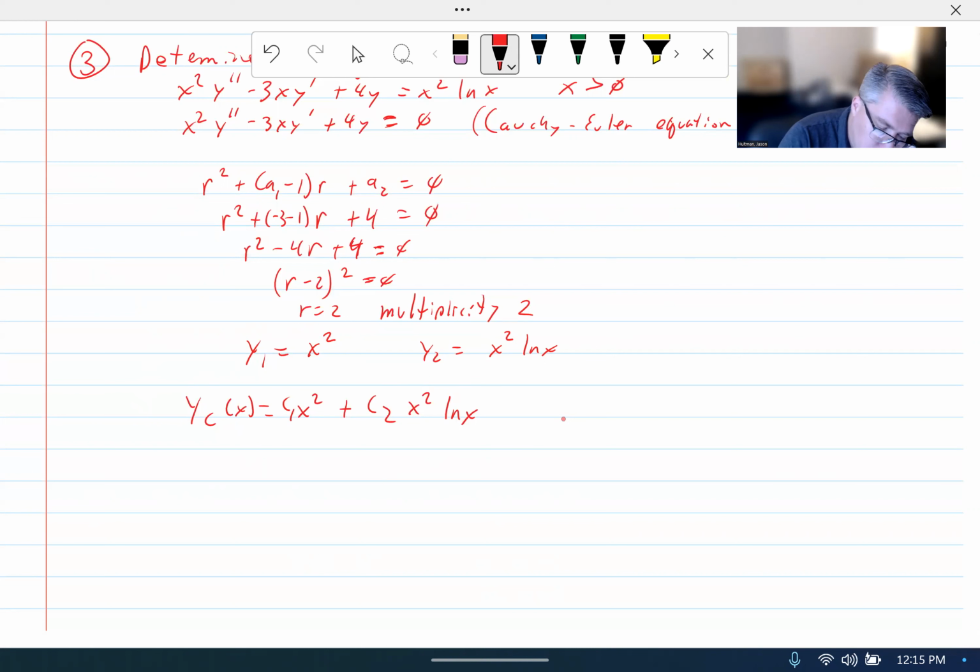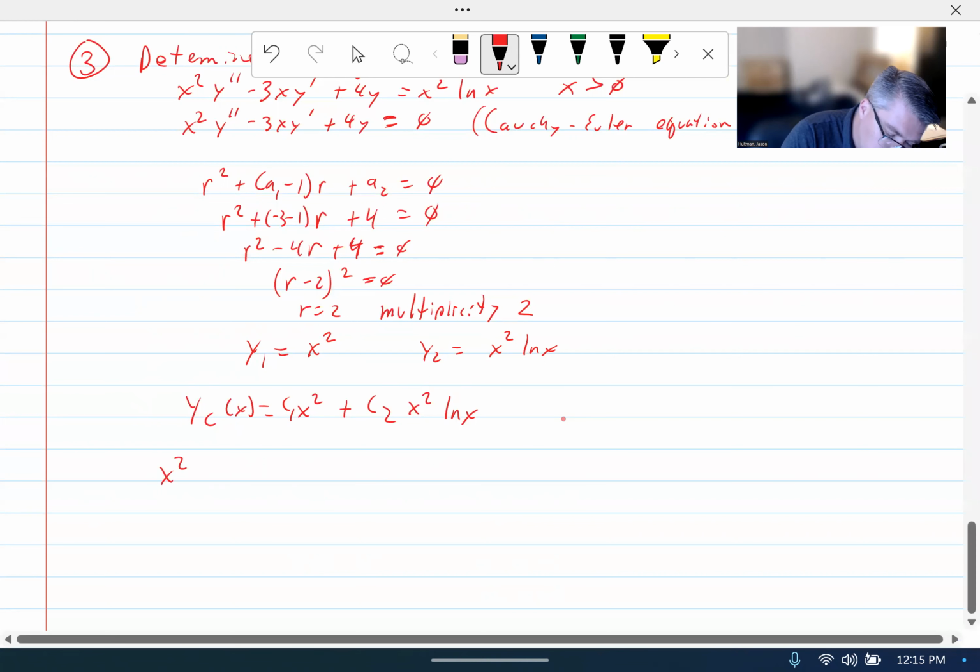Okay, so we have x squared y double prime minus 3x y prime plus 4y equals x squared natural log of x. What I want to do is divide by x squared.